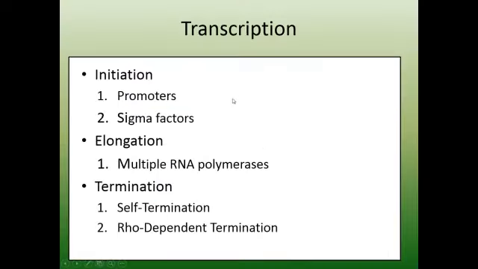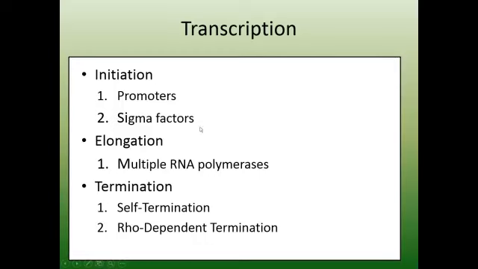In transcription, we're going to be talking about some terms, and I thought I'd go over them here. Initiation. Initiation is the start of transcription, and it involves promoters, sections before the gene that tell the RNA polymerase to grab a hold here.